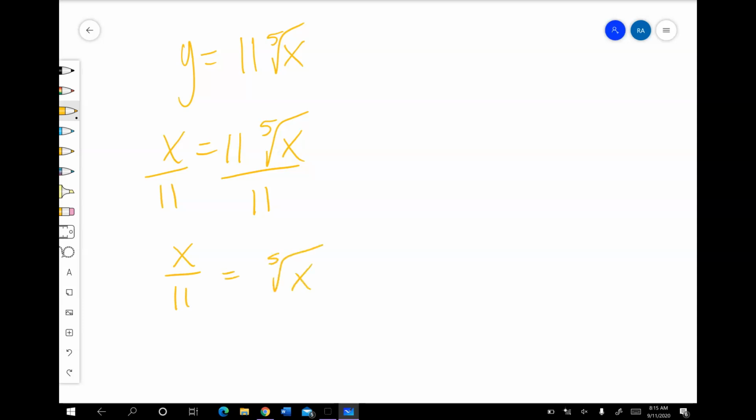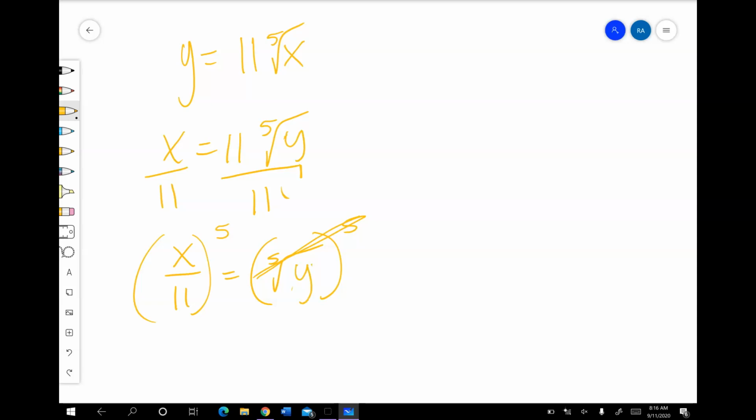Well, if a cube gets rid of a cube root, that means I'm going to raise this to the 5th power. Okay? That cancels. Oh, this should say y. My bad, guys. See, that could have confused us. I just made the biggest mistake y'all make.